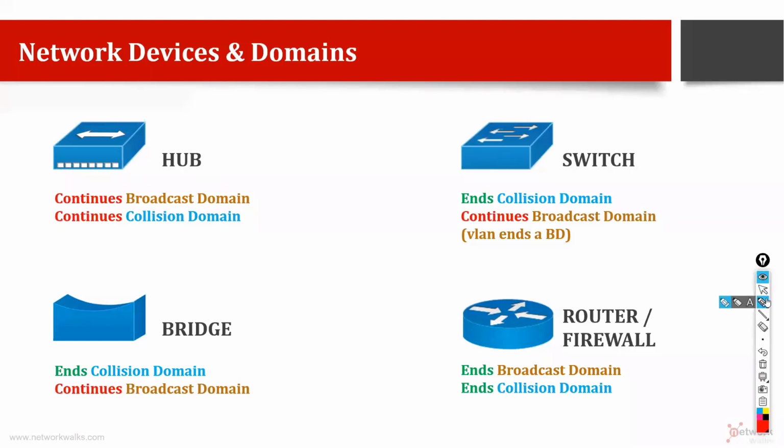Okay, so a switch and a router. The switch ends the collision domain, but it continues the broadcast domain. What is the meaning of broadcast domain? Broadcast domain means when multiple devices are connected with a device. Let's say this is computer number 1, connected with the switch.